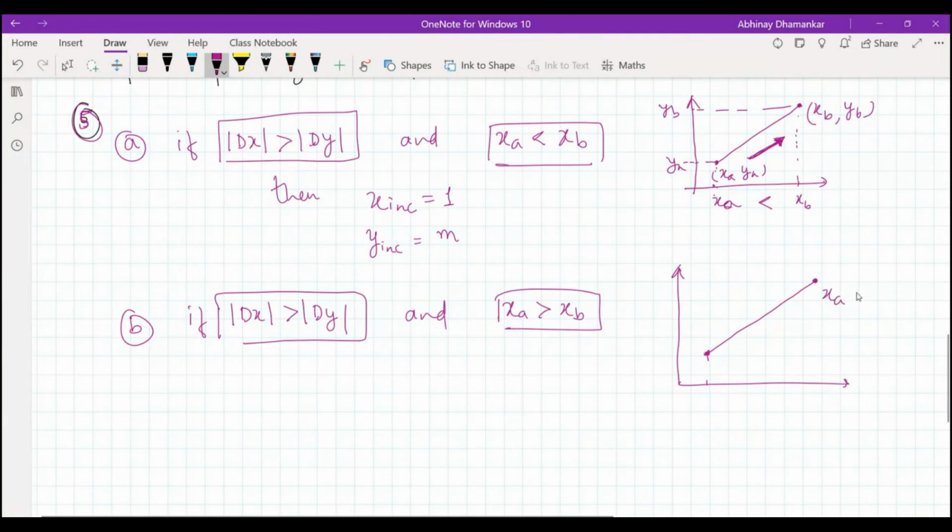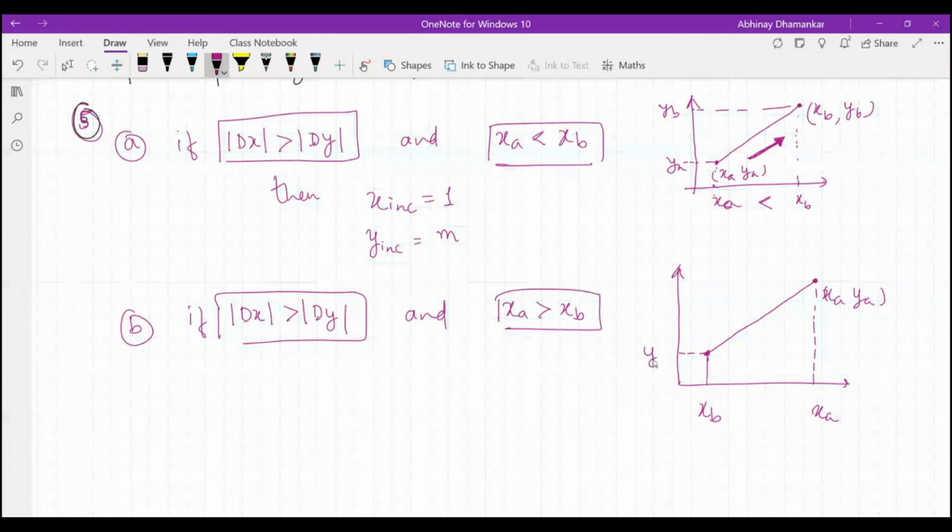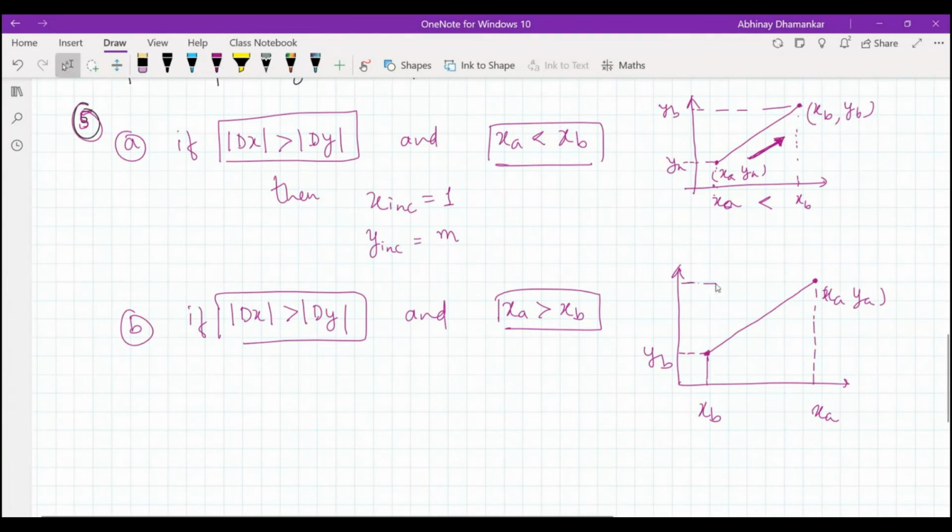XA will be this one, YA will be this one. And this is treated as XA. This is treated as XB. Likewise, YB, YA. Okay, got it. So this is XB, YB.